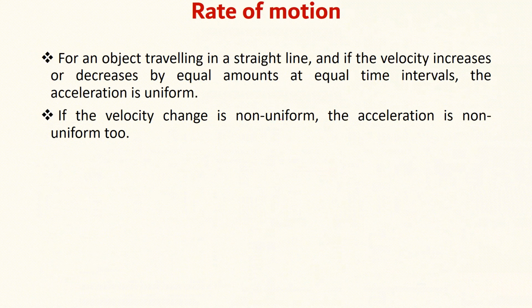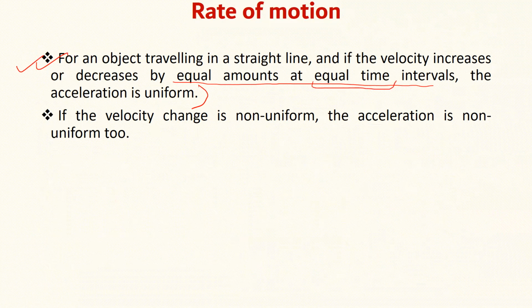So for an object traveling in a straight line, if the velocity increases or decreases by equal amounts at equal time intervals, the acceleration is uniform. Just recall the uniform velocity example.